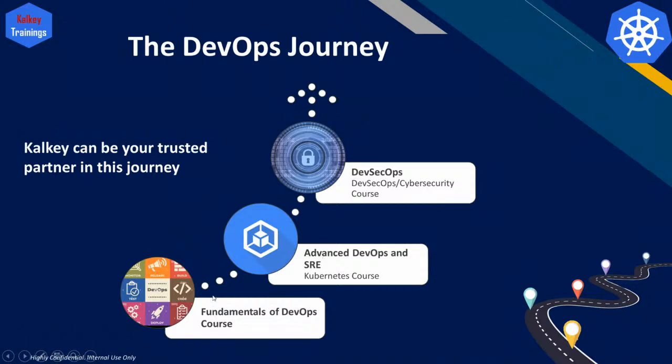So what comes next? Next comes advanced DevOps and SRE. Advanced DevOps, what are they? You might be interested to learn Kubernetes more, or a service mesh, which is Istio, and so many other things, GitOps maybe, as well as SRE, site reliability engineering.